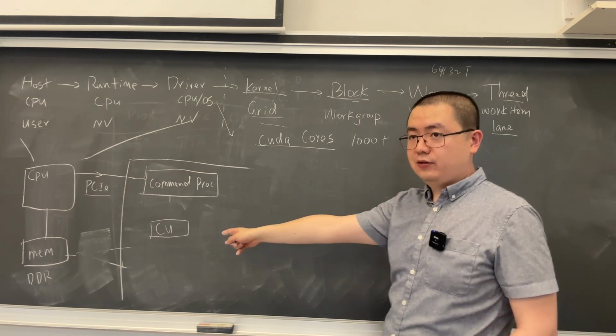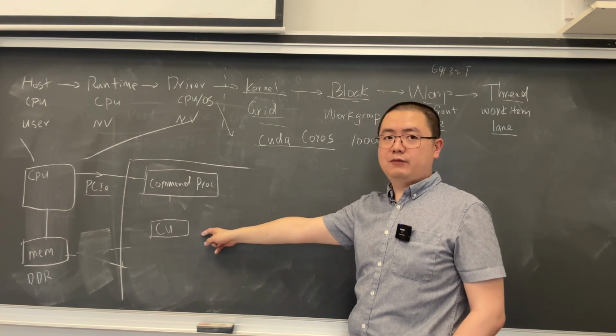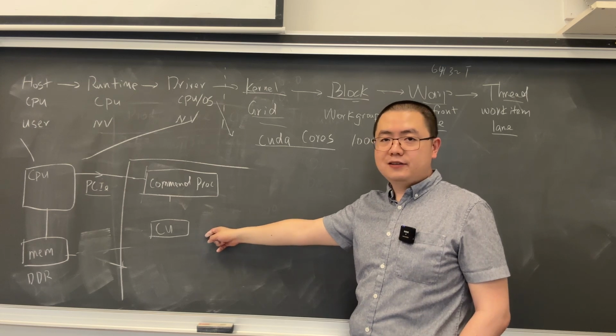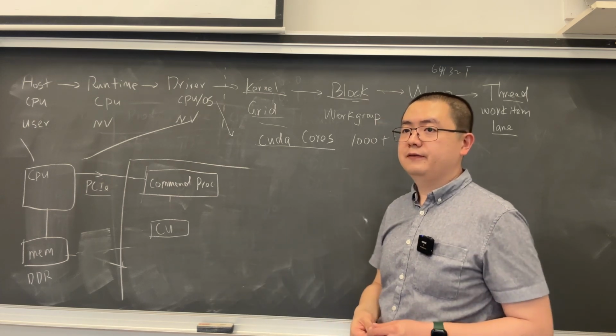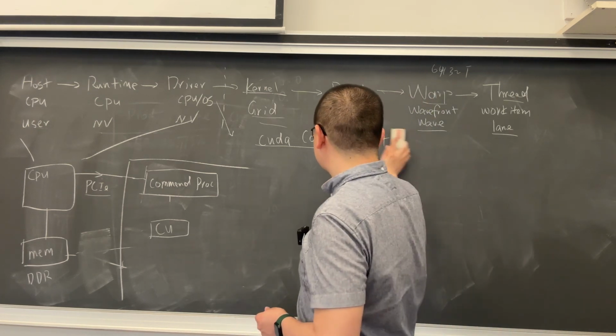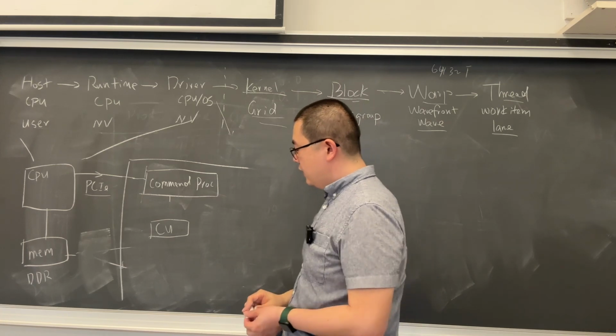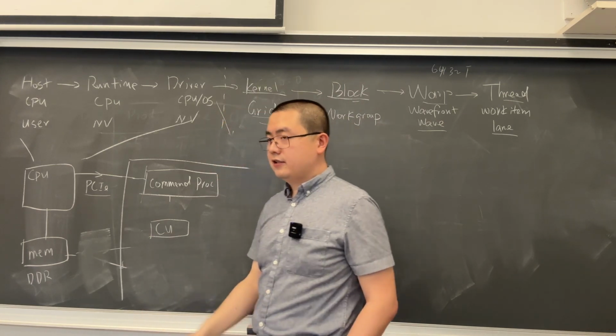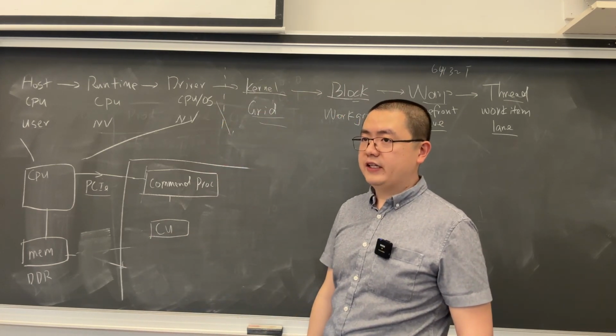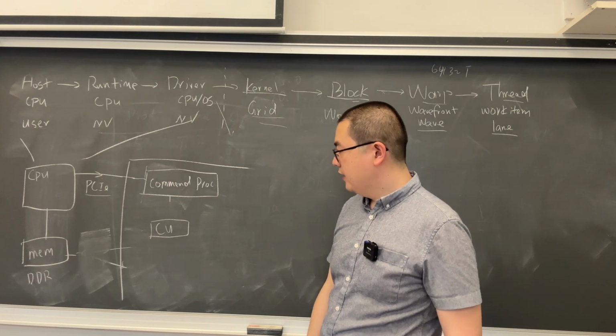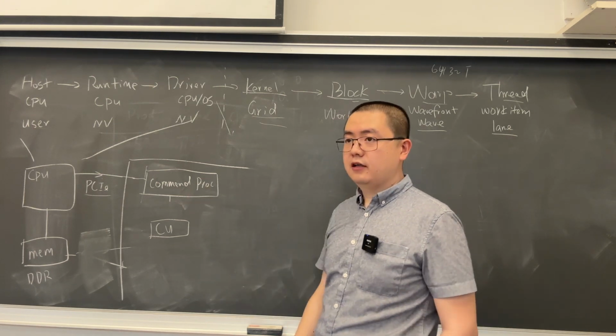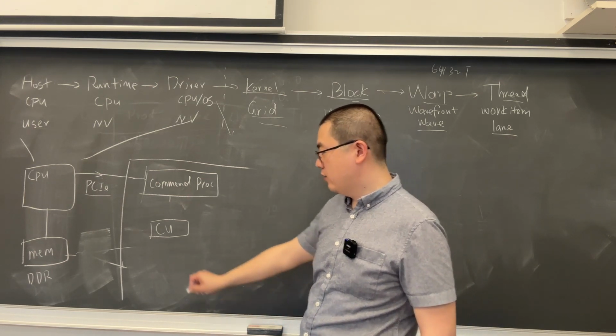But at the CU level or SM level, there are typically around 60 to 100. Okay. So CUDA cores is something else we'll introduce later. So here, just consider Vega 64 or Vega 56. Then below the command processor, we have many compute units or many cores.